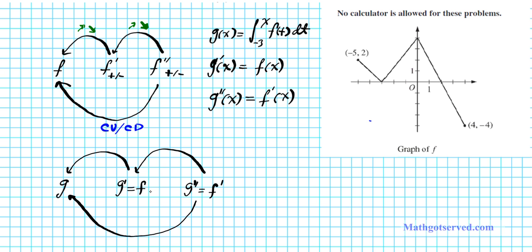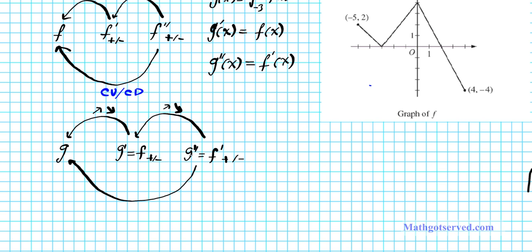When G prime is plus or minus, that means G is going to be increasing or decreasing. When G double prime, which is the same thing as f prime, is positive or negative, that means G is going to be concave up or concave down.